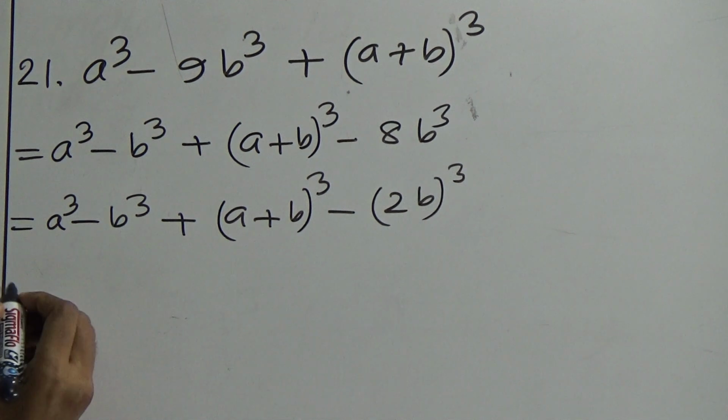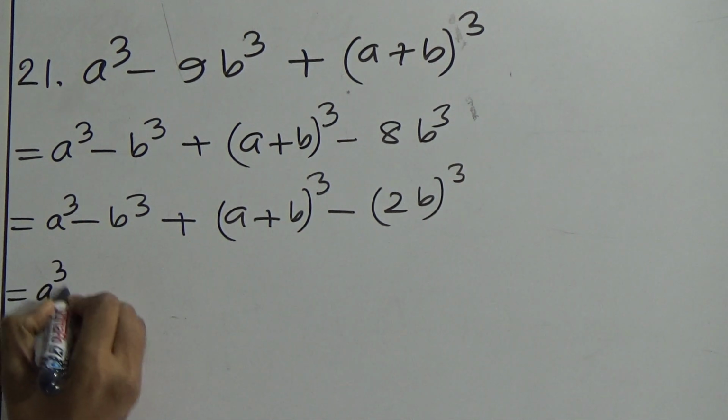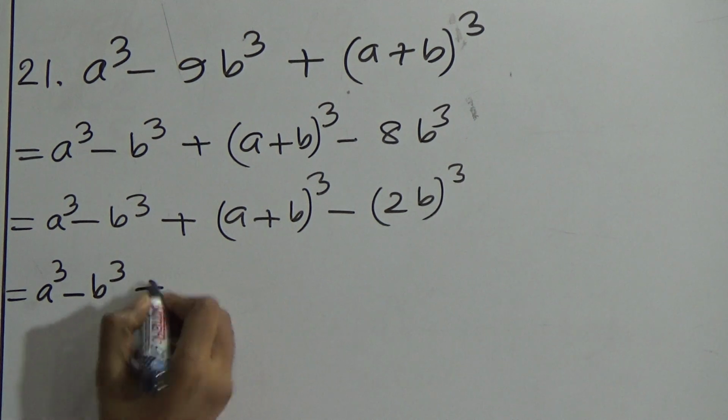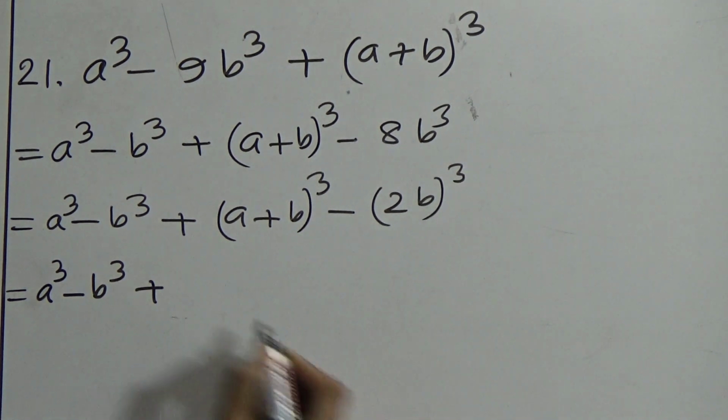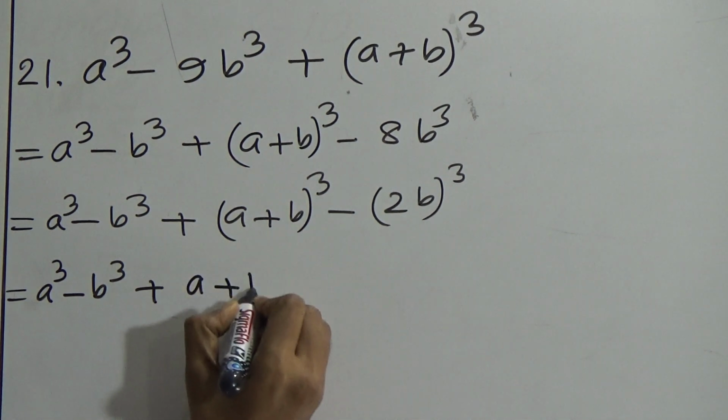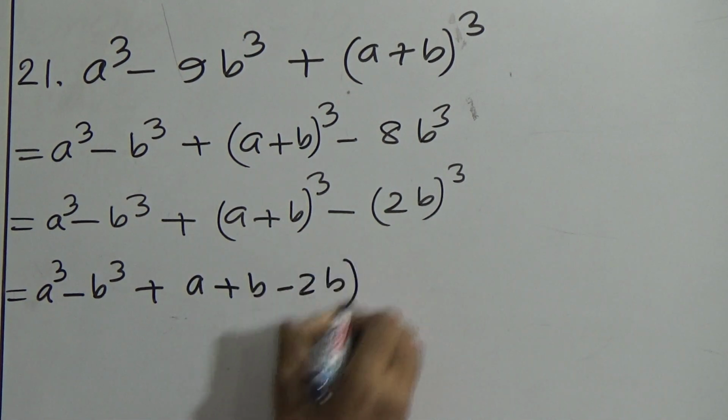Now look, what is the formula of a cube minus b cube? That means a minus b, where a means a plus b and b means 2b.